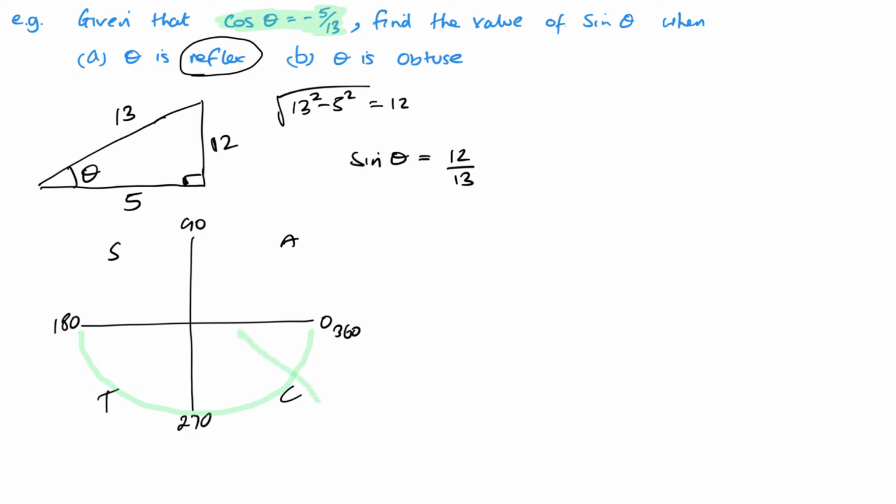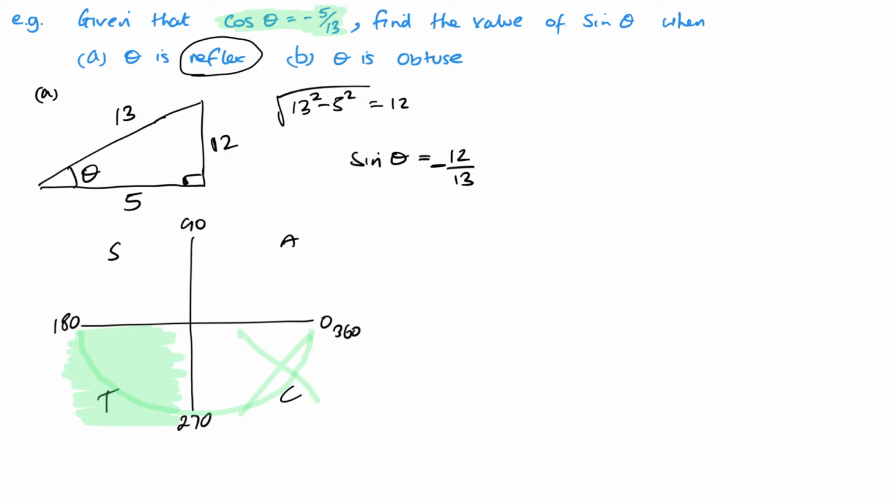So it's not going to be here because cos theta is positive there. So it's got to be in this section here. Being in this section, only tan is positive. So that means my answer to sine is going to be negative. So sine theta is going to be negative 12 over 13.